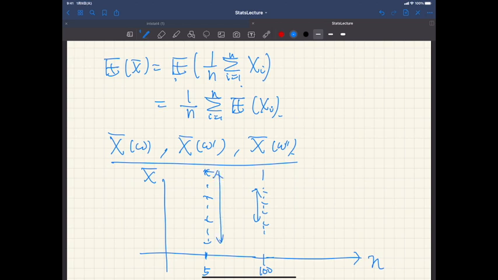And if it goes to infinity, well, the deviation can be very large at any point, but on average, it will converge to some small range if we increase this n to a large enough value.